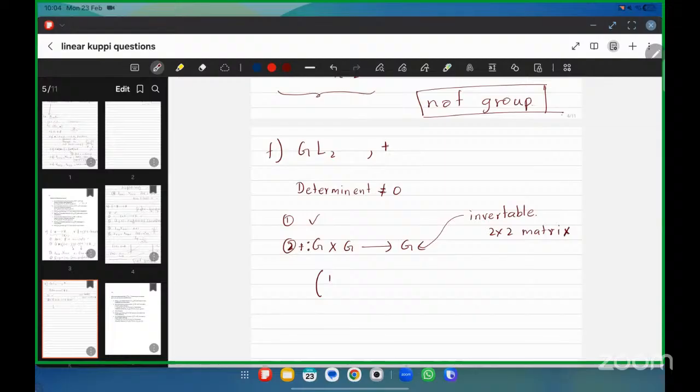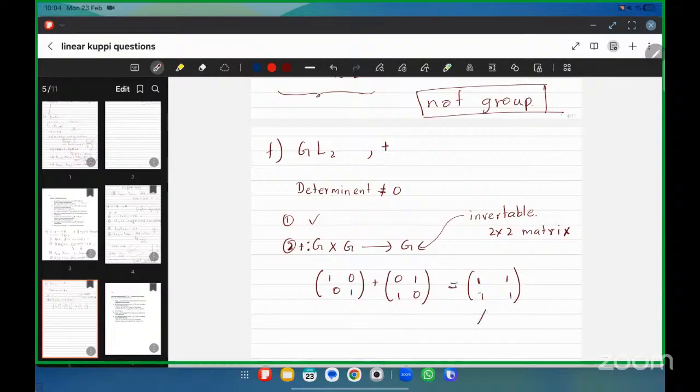For example, the identity matrix is invertible, and here 0 1 1 0 is also an invertible matrix because its determinant is also not equal to 0. But when we perform the addition, we get the matrix 1 1 1 1, a 2 by 2 matrix.